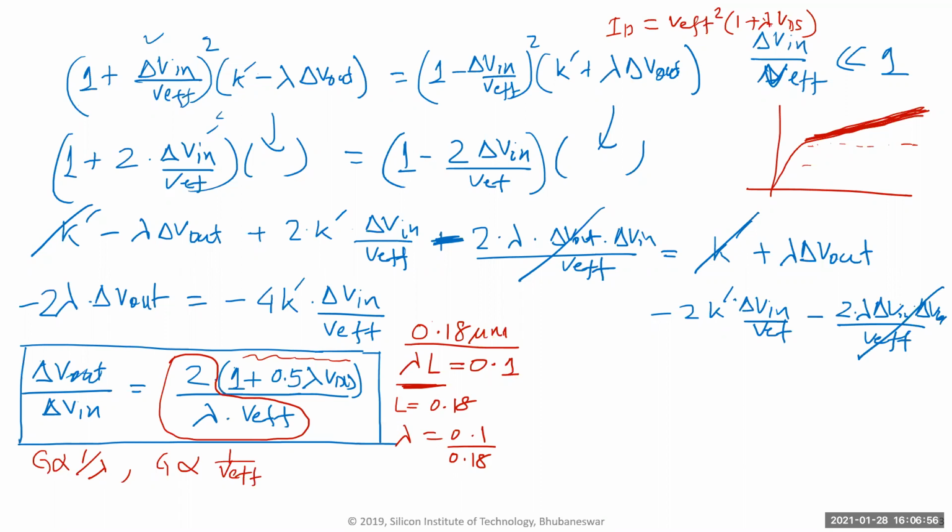Let me grab my calculator real quick. What is 0.1 by 0.18? 0.56, right? Times 0.5, and for 0.18 micron VDD is equal to 1.8. So what is this number? 0.56 times 0.5 is roughly 0.25, times 1.8 is what? Like 0.36 maybe?